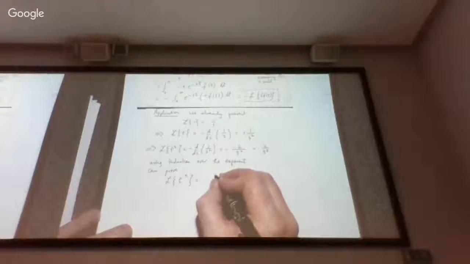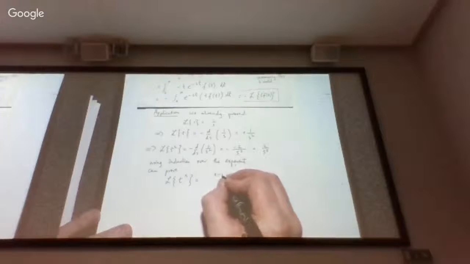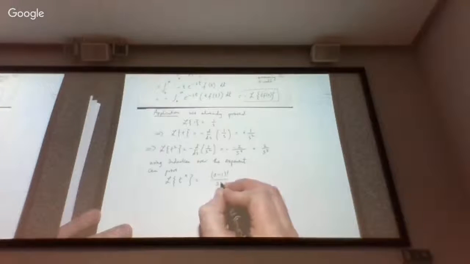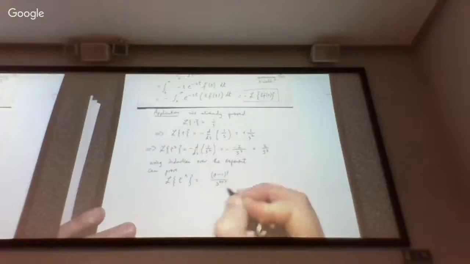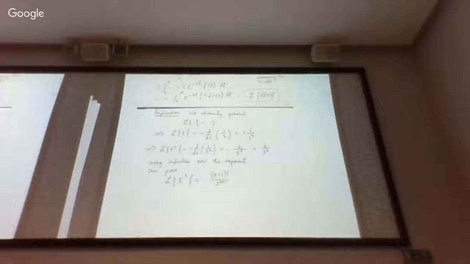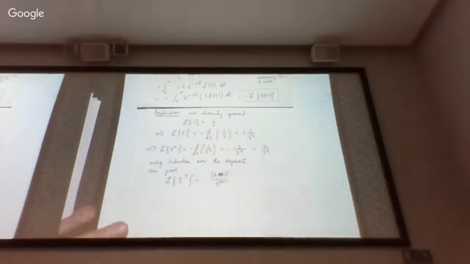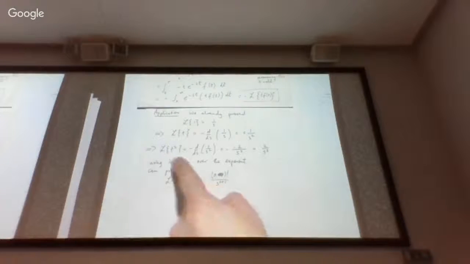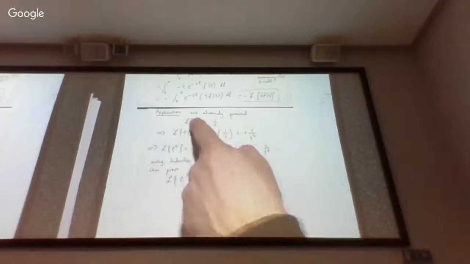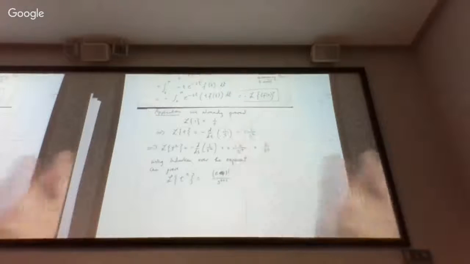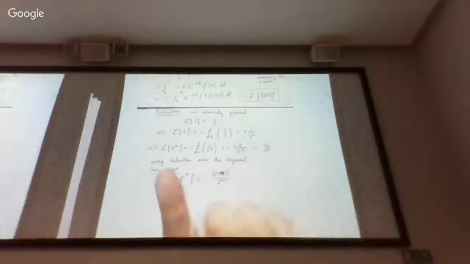So what's it going to look like? It's going to look like n factorial over s to the n plus 1. Excuse me, it's off by 1. So n is the power on the t. If t is 0, you have 0 factorial, which is 1. T is 1, you have 1 factorial, which is 1. T is 2, you have 2 factorial, which is 2.